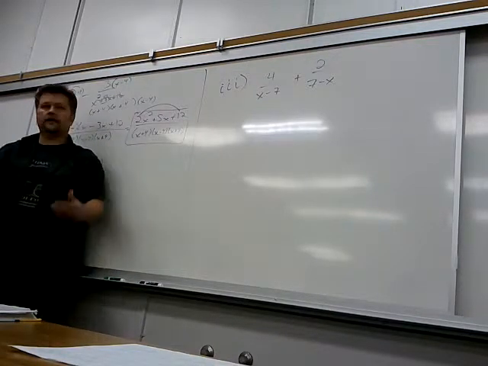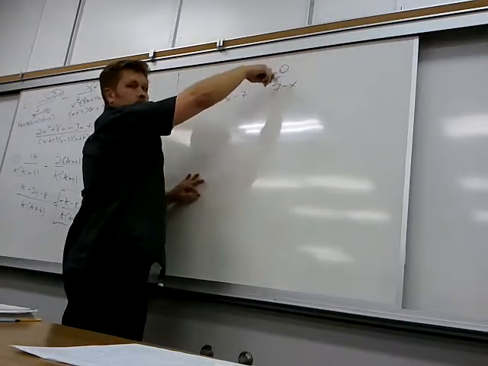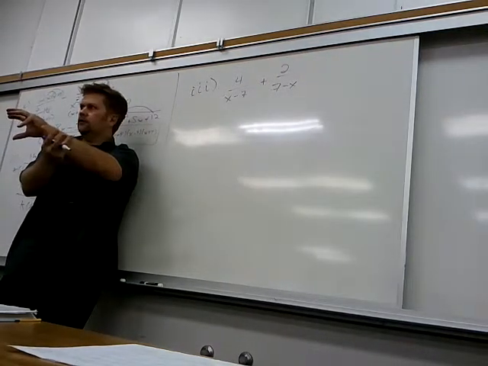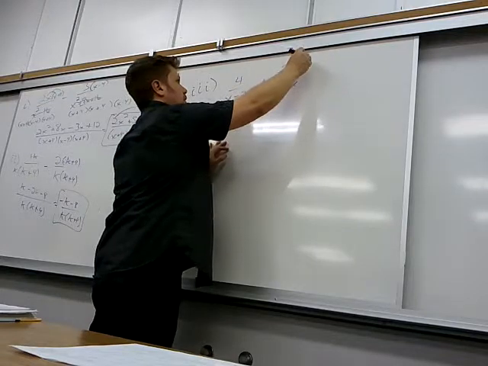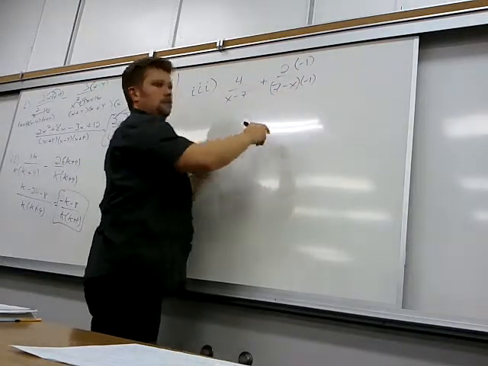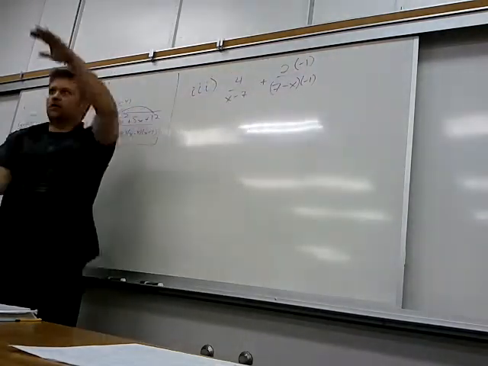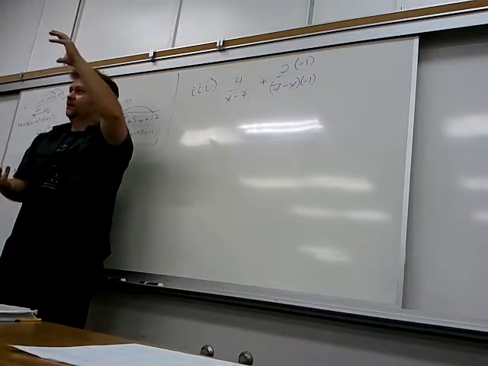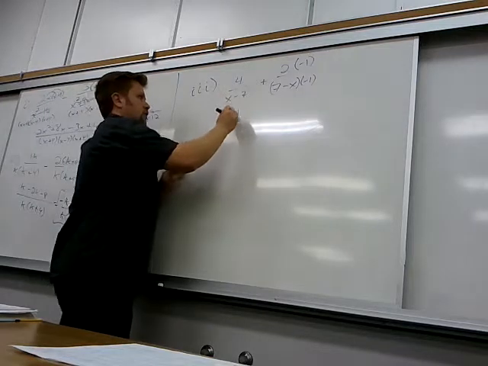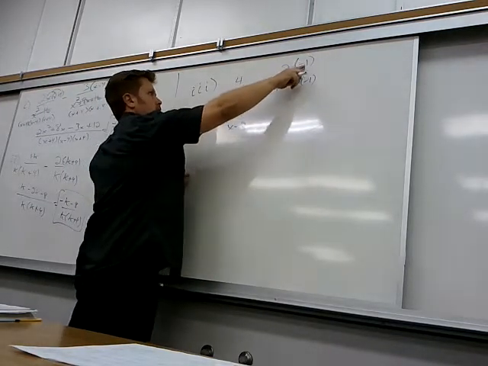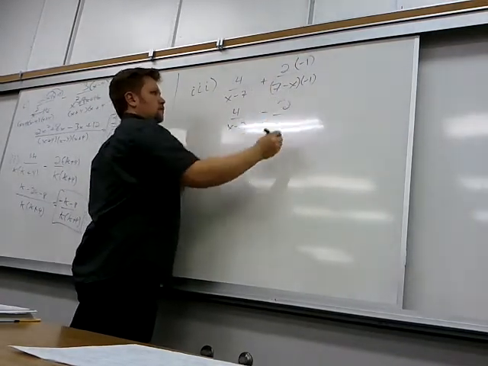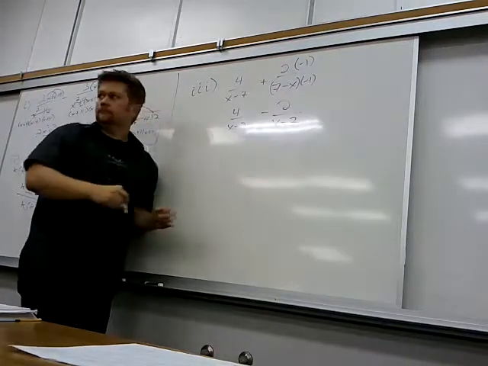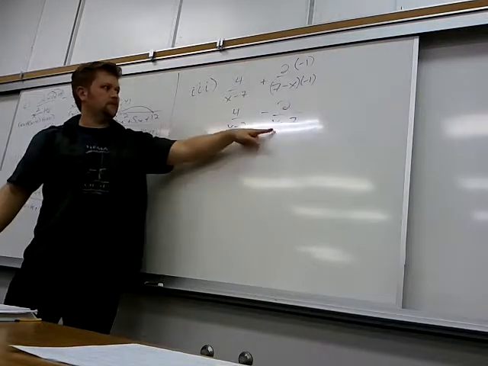I personally would do this one, because that looks a little backwards, since I'm used to having the variable first. So what if you multiply top and bottom by -1? I'm totally allowed to do that, since I can multiply top and bottom of a fraction by anything except 0. So what would you get on the second one? -2 over -7 plus x. Good, so x minus 7. 7 becomes negative, x becomes positive.